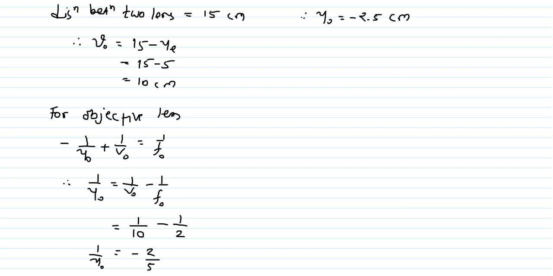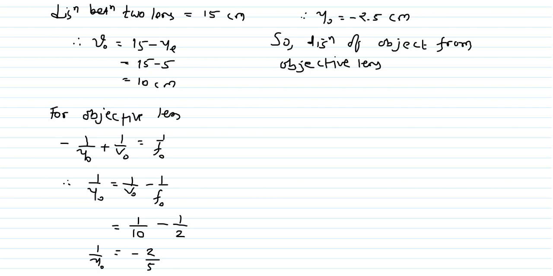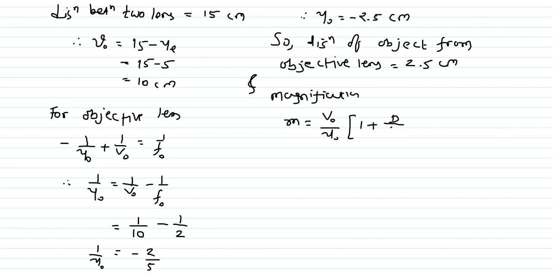Okay. So distance of object from objective lens, you can say that here, distance of object from objective lens is 2.5 centimeter, and in case of magnification, you can say magnification, that is VO upon UO times (1 plus D upon FE).